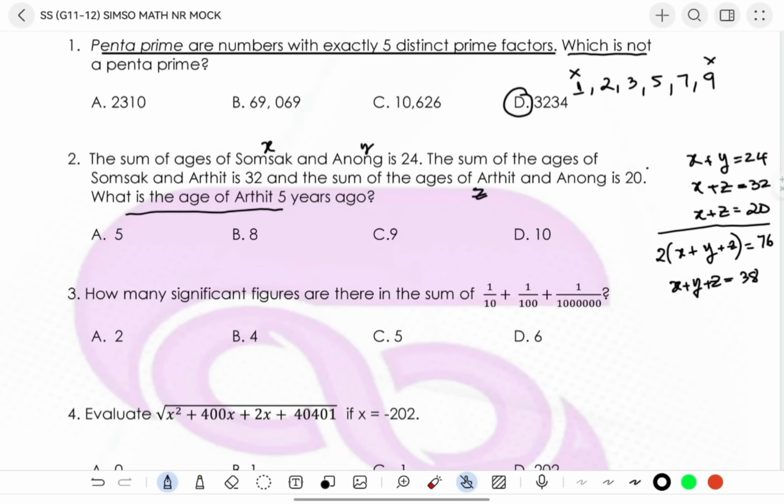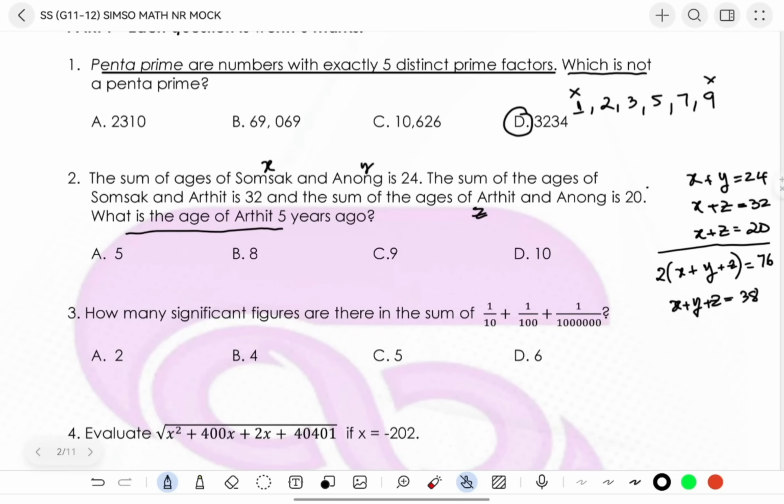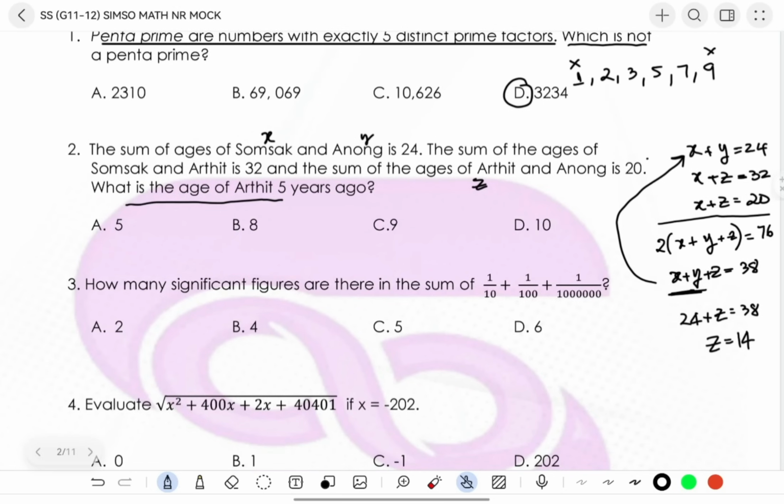So you have to eliminate x and y: the sum of x and y is 24, so 24 plus z is 38, so z would be 38 minus 24, which should be 12, right? No, 14, my bad. So 14. The question asks what is the age of Atit 5 years ago, so 5 years ago he was 9, isn't it?